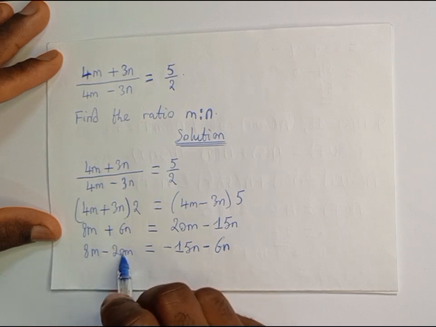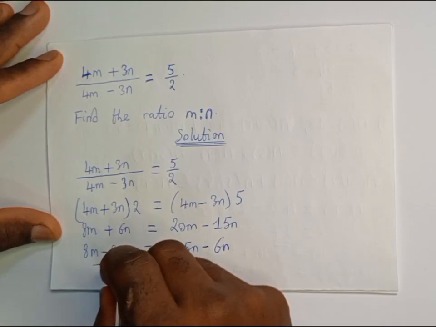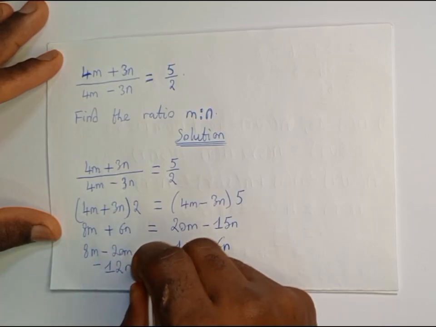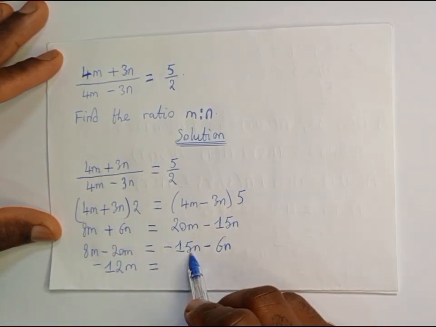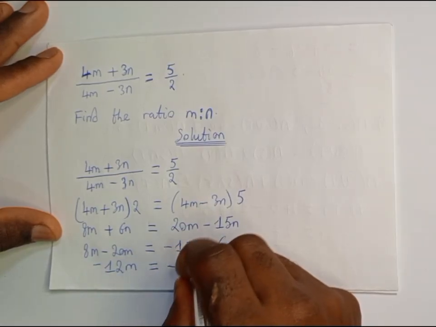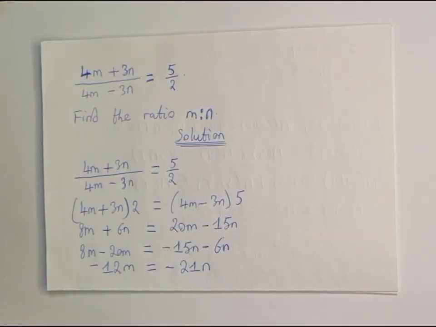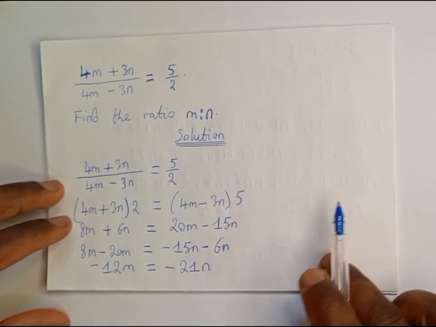8m minus 20m gives us negative 12m is equal to negative 15n minus 6n gives us negative 21n. Next step, we are going to multiply both sides by negative 1. The reason why we are multiplying both sides by negative 1 is simply because we want their respective coefficients to be positive.